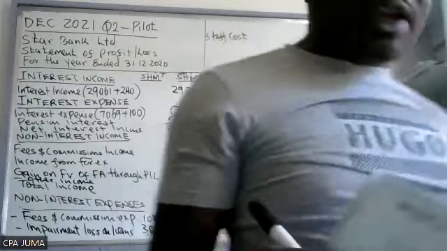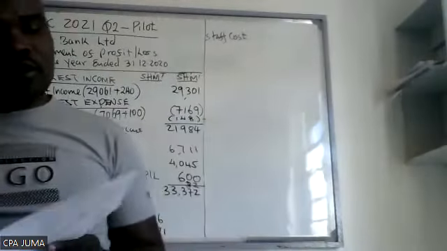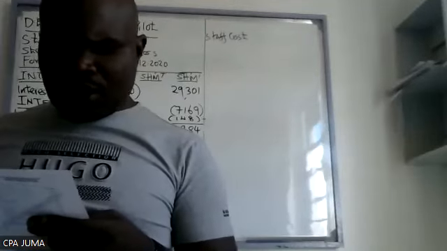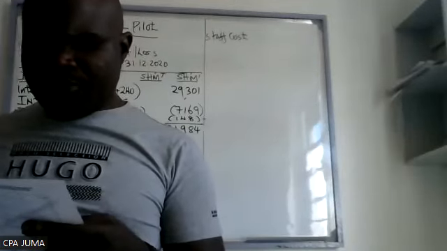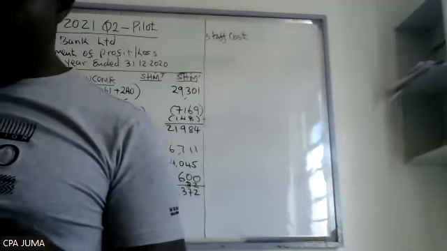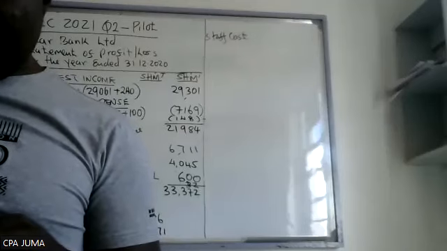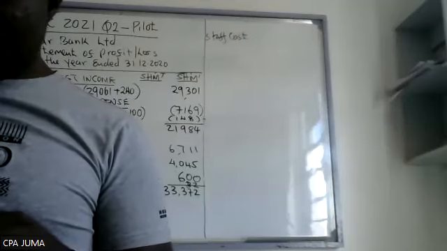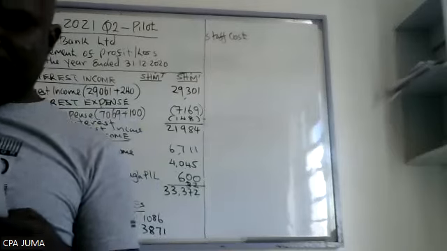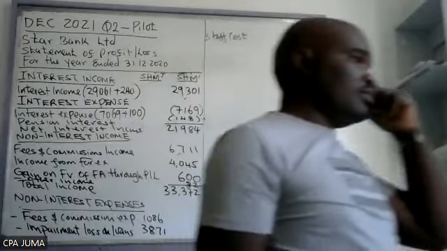Check note number 5. Where note 5 started, please check note 5. They said the bank operates a defined benefit pension plan, except for the contributions made, which is included in the staff cost. The following details have not been accounted for in the year.